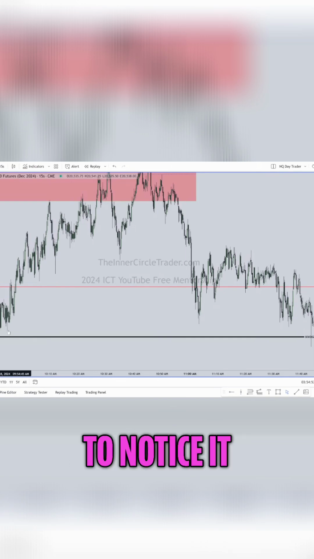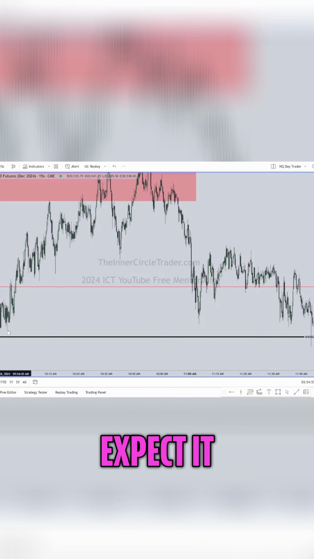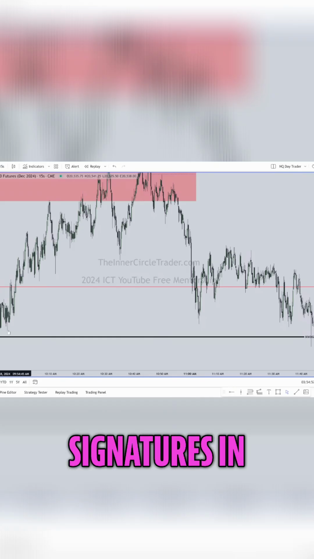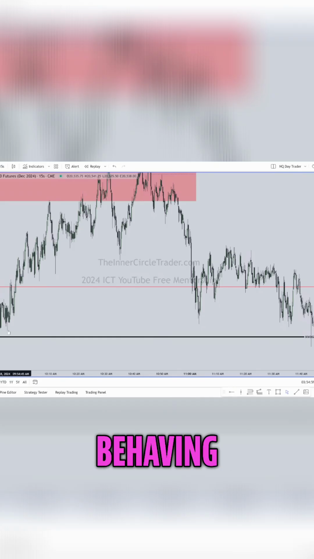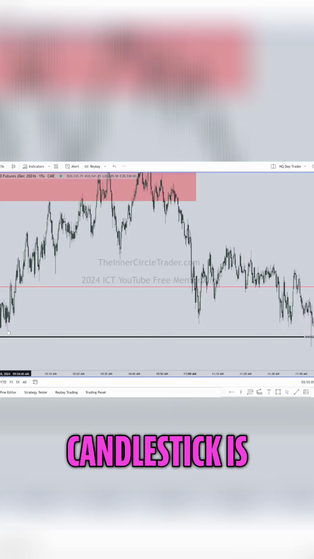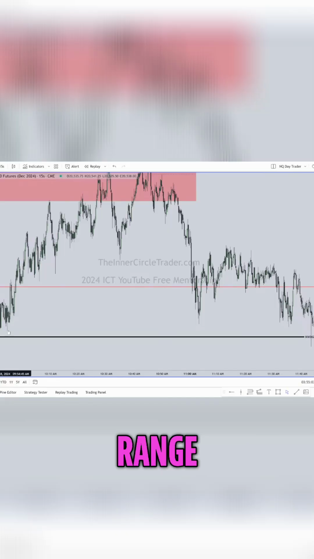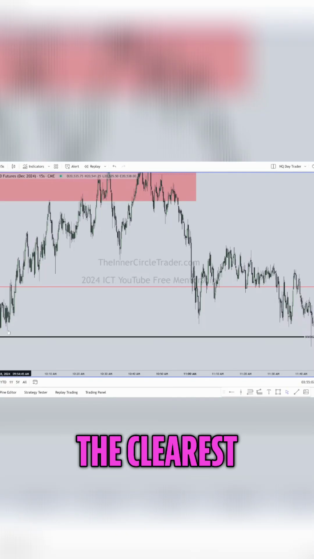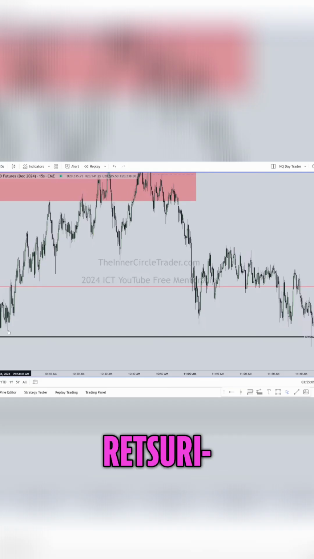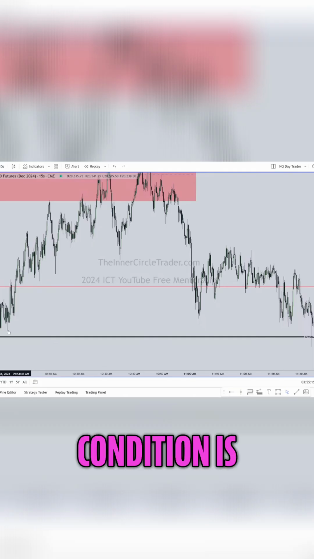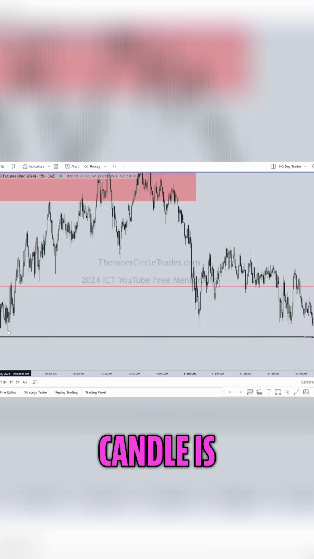And it's very easy to notice it. Even if you don't expect it, you start seeing signatures in price action, how it's behaving, where every individual candlestick is overlapping the previous candlestick's range by the majority. That is indicating the clearest, most visual representation of a high resistance liquidity run condition: every subsequent candle is sharing the previous candle's range.